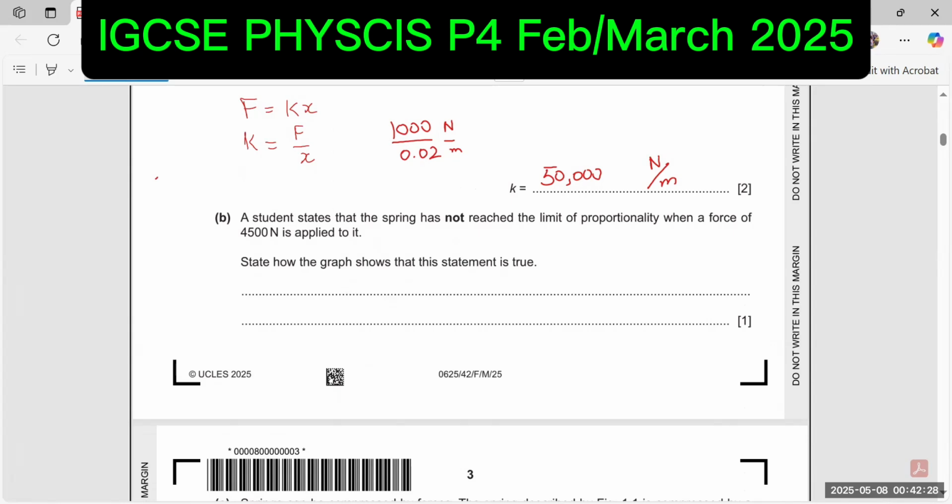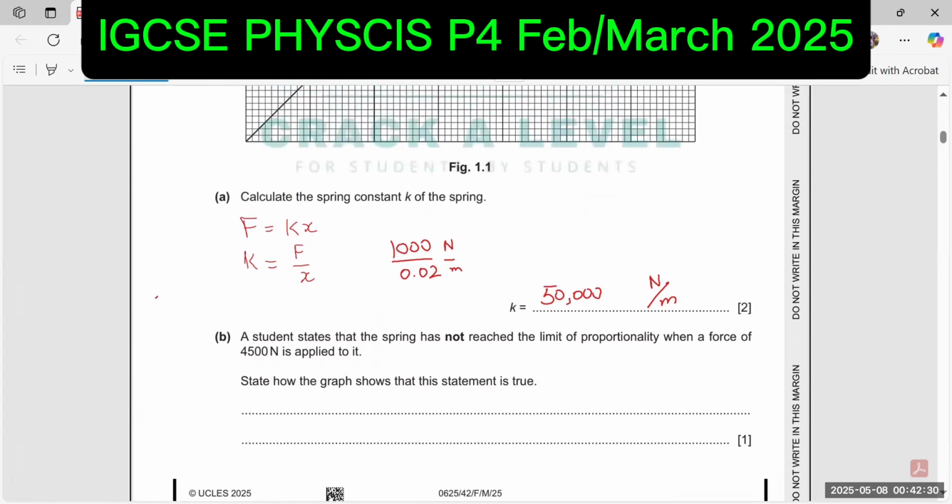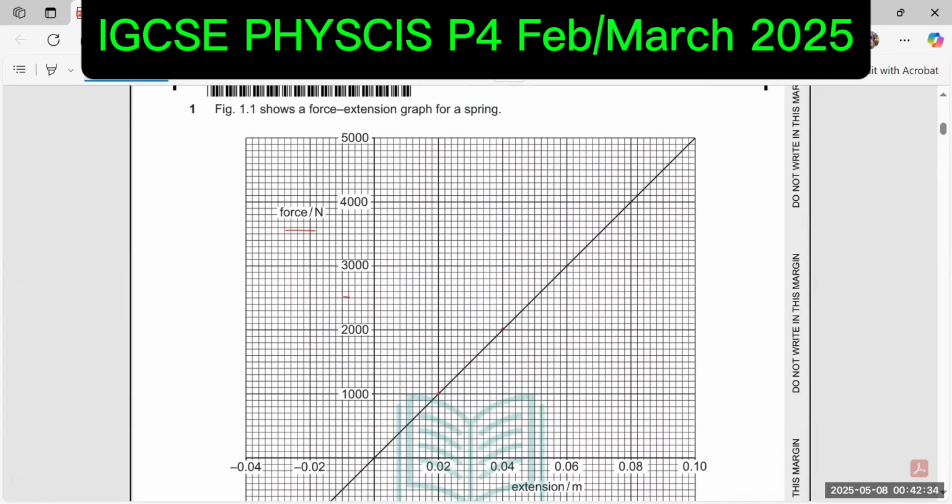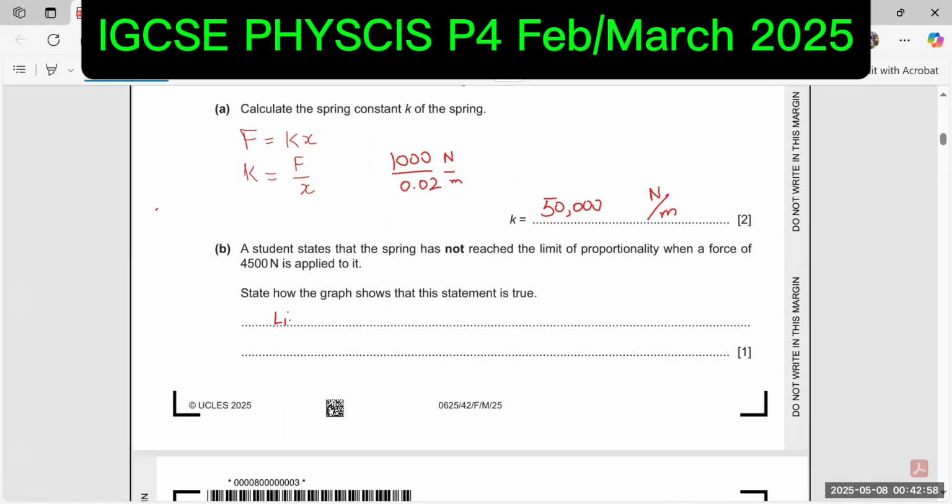You can see that in the graph, even after 4500, the line is still straight. You can write straight or constant, or you can mention that the gradient is still constant.